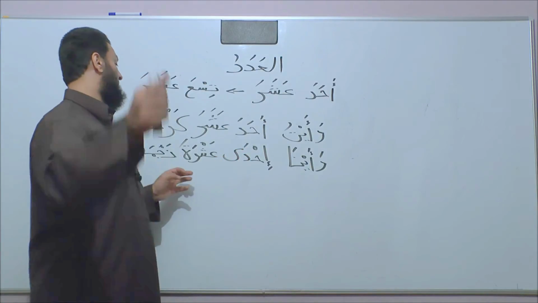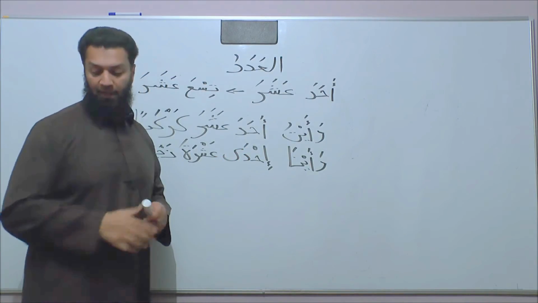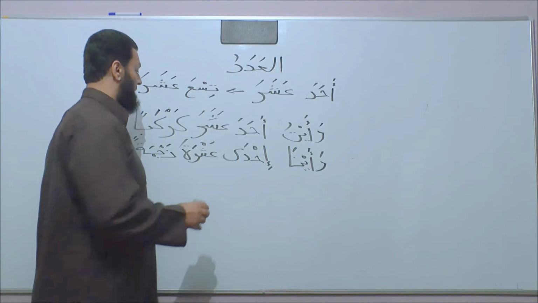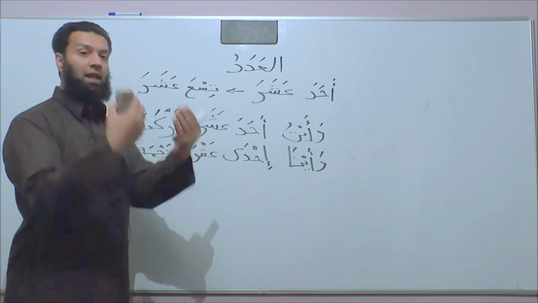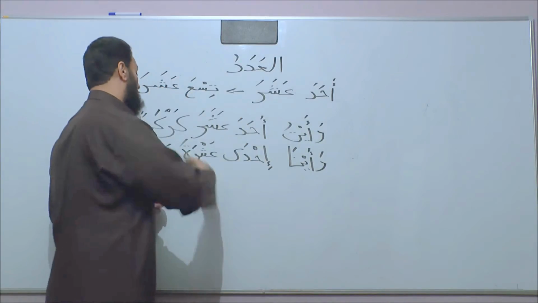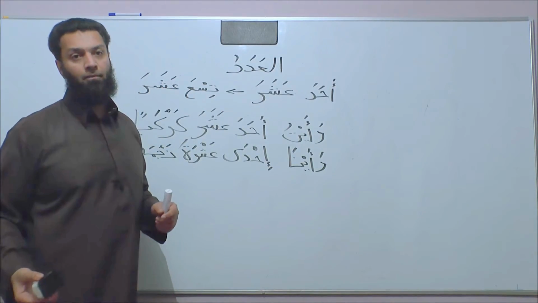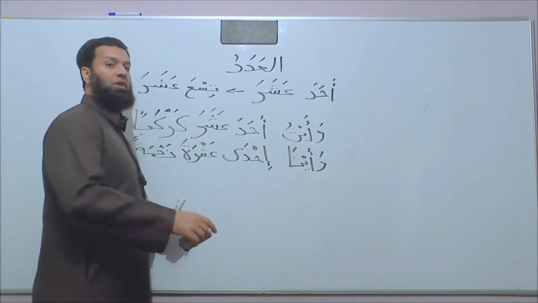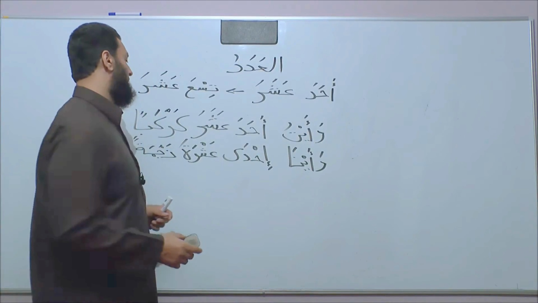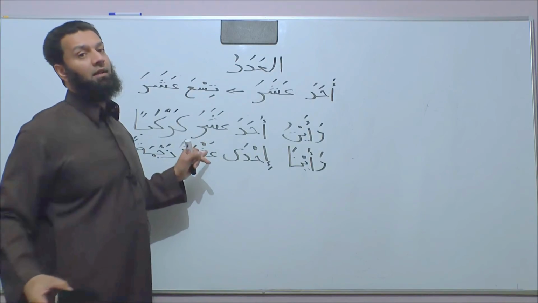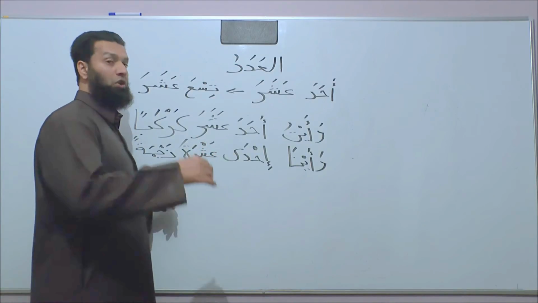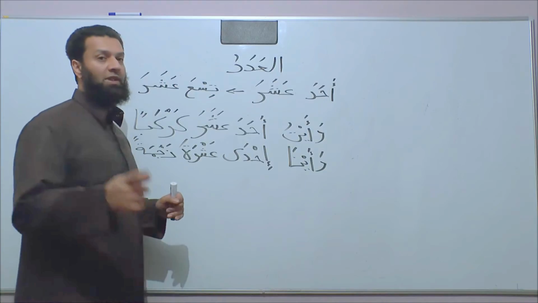I noticed that in our previous lesson there was a mistake which is commonly made, and that is that when it's 10 outside of this construct, i.e. just 10 and not 11 up until 19, then it's asharata or asharatun in the default state.